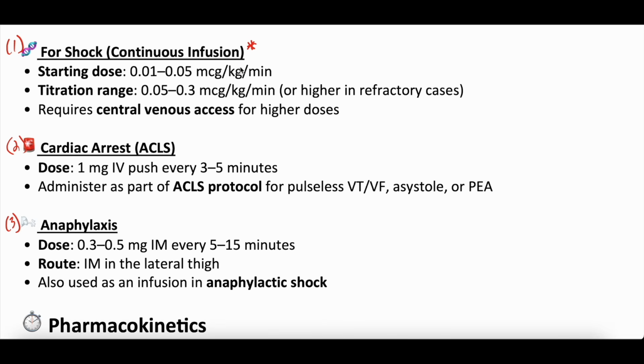Now, some institutions take the kilograms out and do non-weight based, just in micrograms per minute. But most institutions use micrograms per kilogram per minute. You start at 0.01 to 0.05 micrograms per kilogram per minute, and the titration range is then 0.05 to 0.3 micrograms per kilogram per minute.